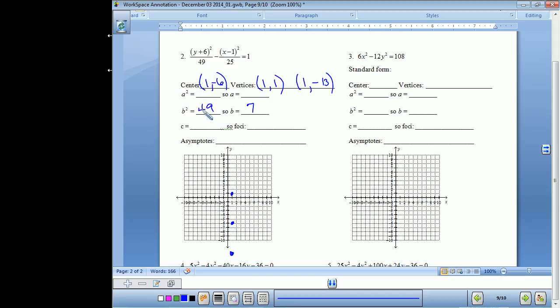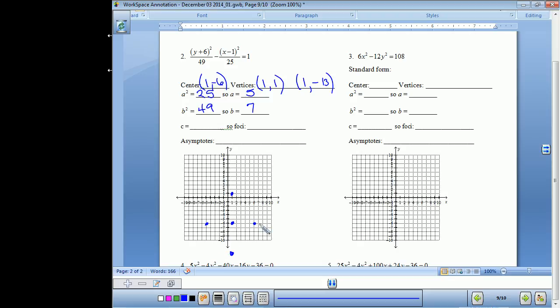Now, in order to aid our graphing, we take a look at the conjugate axis. It would be formed by going 5 units in either direction. And I think this is where my problem is. So 5 units this way, and 1, 2, 3, 4, 5 units that way.